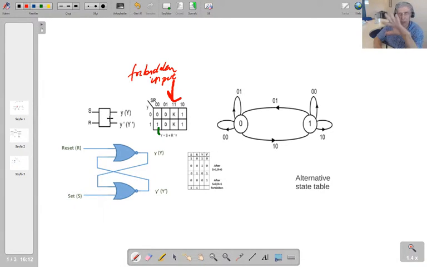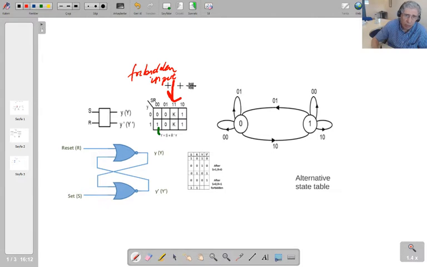What happens, I will explain in detail later on, but this is an input that must not be applied. If you apply it, the behavior of this circuit is unpredictable. The output could be either 0 or 1, so we cannot predict the output. We don't like this type of behavior in circuits. Sometimes it is called an unstable state.